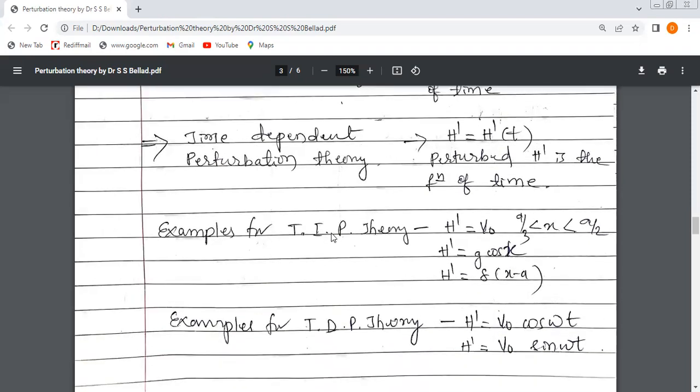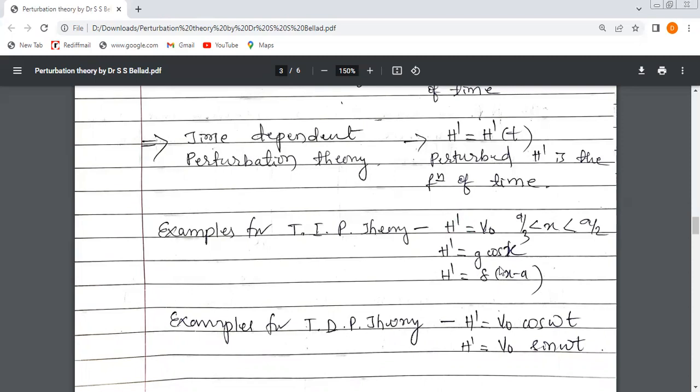Examples for time independent perturbation theory are H dash is equal to V naught, where this V naught lies between a by 3 and a by 2; H dash is equal to G cos x, or H dash is equal to delta (x minus a). So these are the examples of the Hamiltonian for the perturbed part.